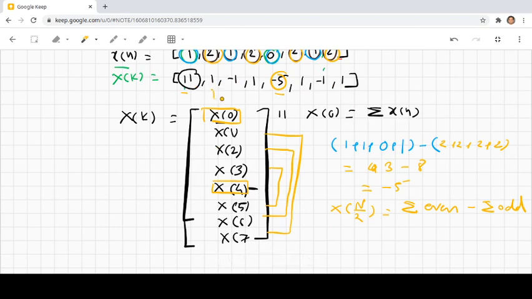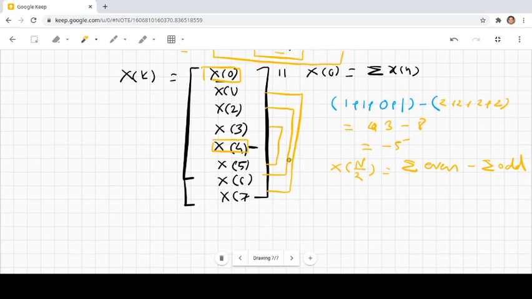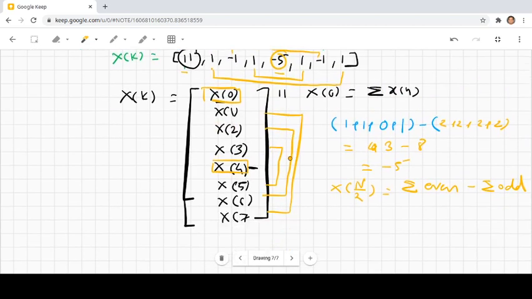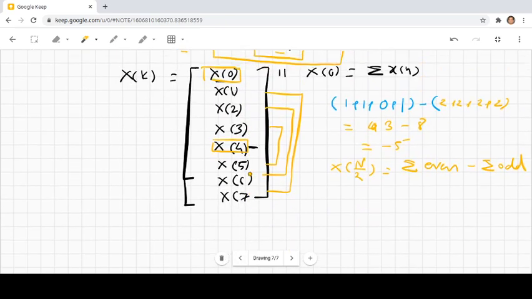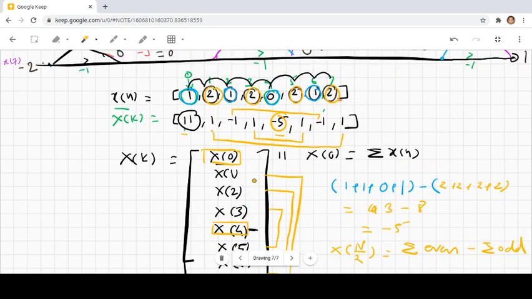So verify this. Minus 1 complex conjugate is also minus 1, and complex conjugate of 1 is also 1. So this way you can verify your answer whether the answer is correct or not. Please refer symmetry property of DFT, where I have discussed this example in detail.